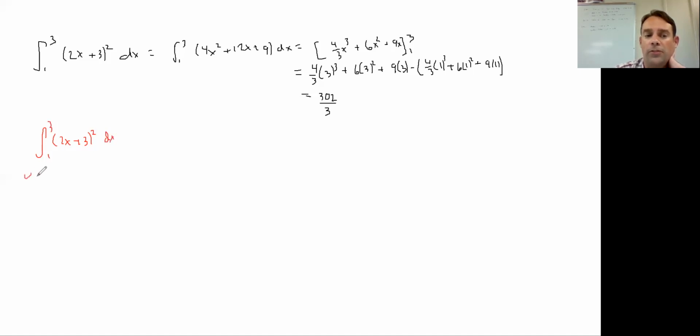So some of you might be looking and saying, you know what, I'm going to go ahead and do a U-sub. So u is 2x plus 3. So du, you're going to get your differential, 2dx, and then 1/2 du.